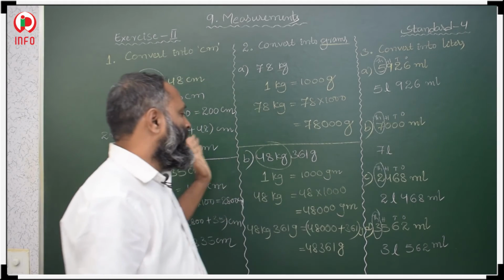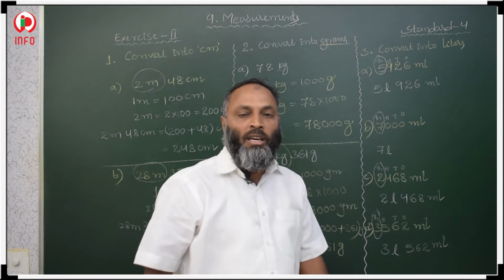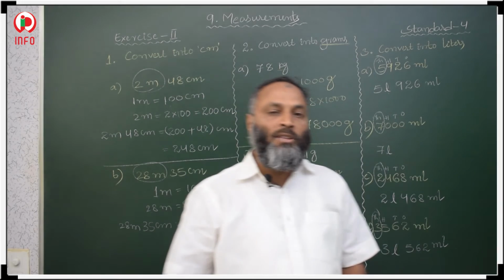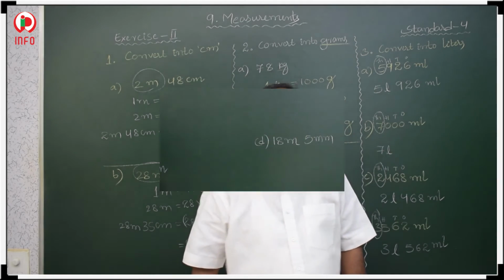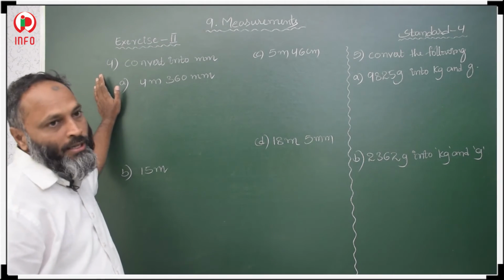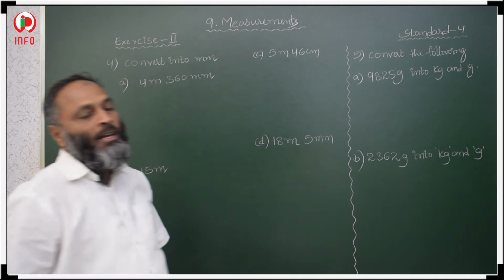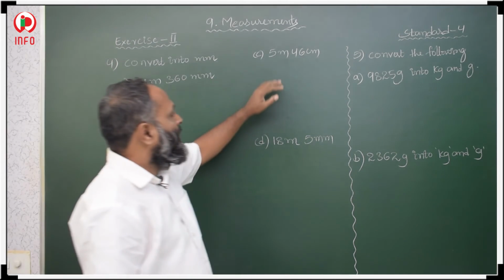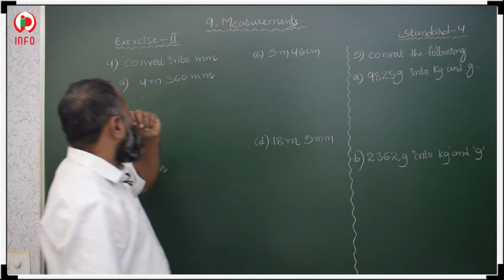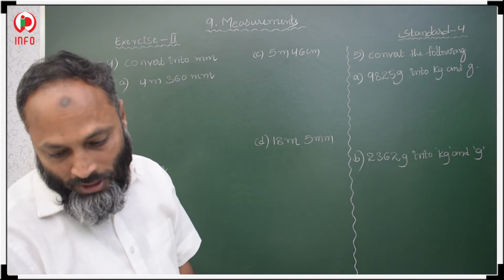So these two are bigger to smaller, and the third one is smaller units to bigger units. Okay students, now see here in the fourth question, convert into millimeters. We have to convert meters and millimeters completely into millimeters.